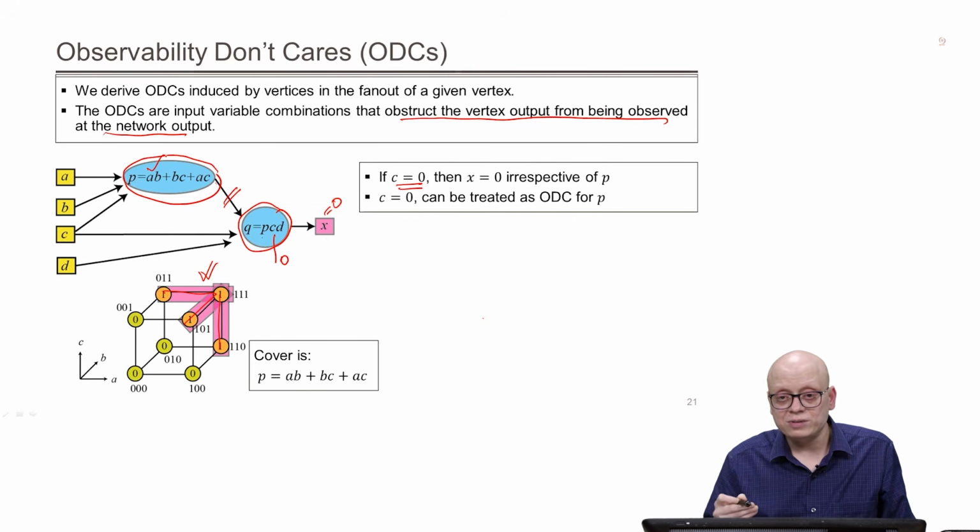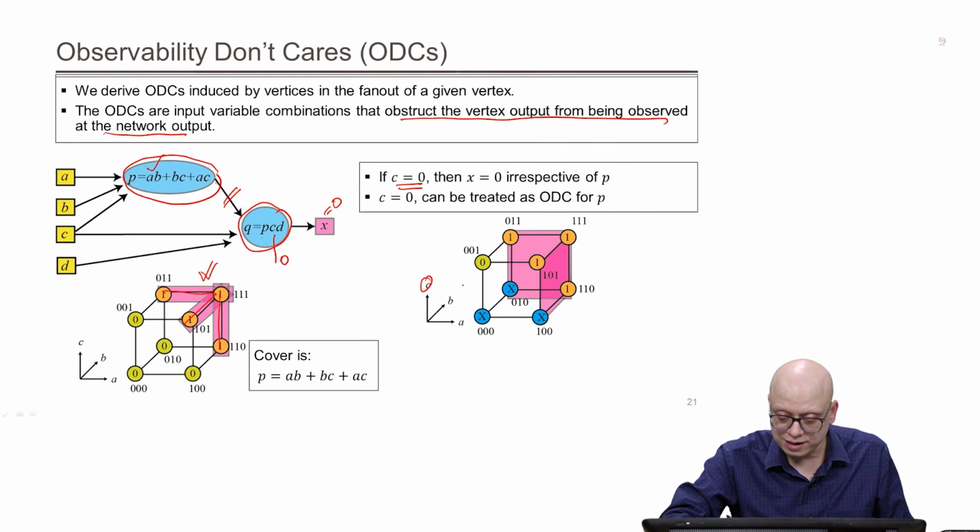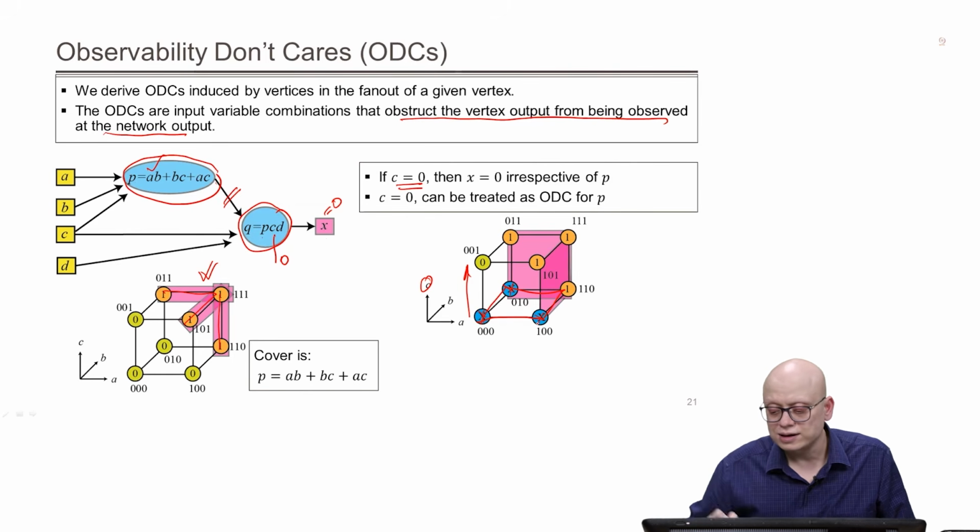Now, with this information that C is equal to 0 is a don't care condition, we can draw the Boolean hypercube representation. For the case C is equal to 0, C is in this direction, so C is equal to 0 is this case. We can say that these all are X, or don't cares.